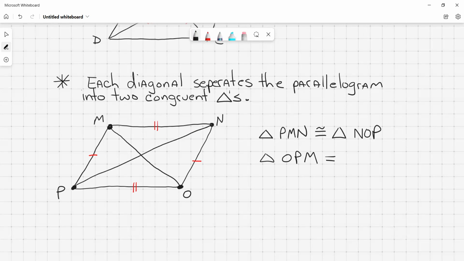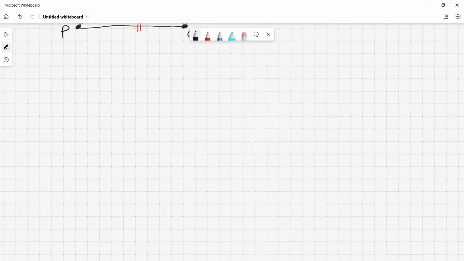That triangle is going to be congruent to, if we went OPM, we got to go MNO. Those two triangles are going to be congruent to each other. Everybody all right with that? All right, good. So let's use these rules now to answer some questions about a parallelogram.